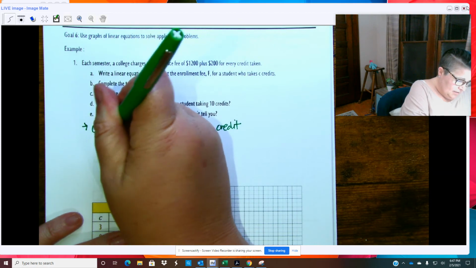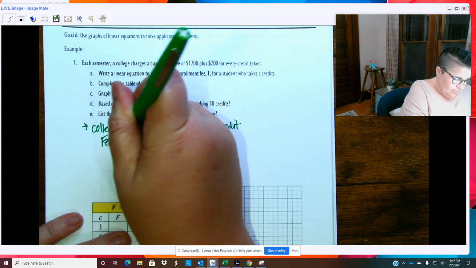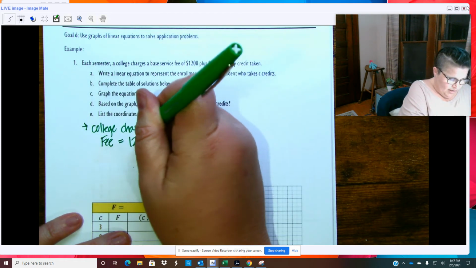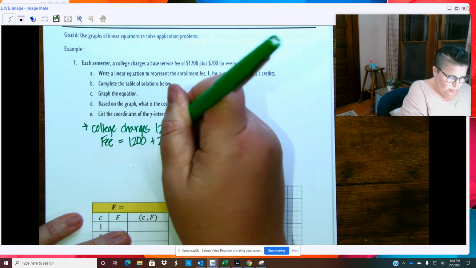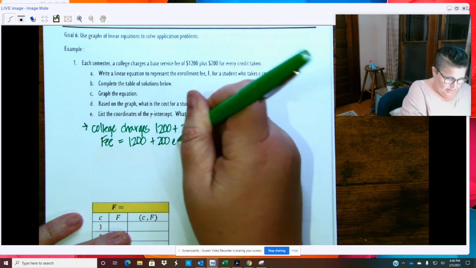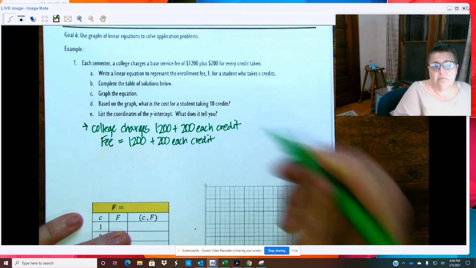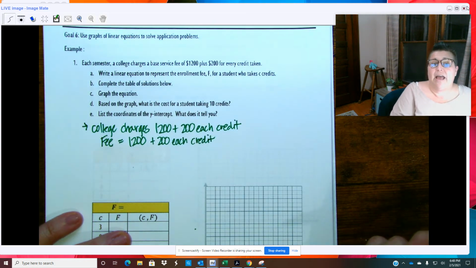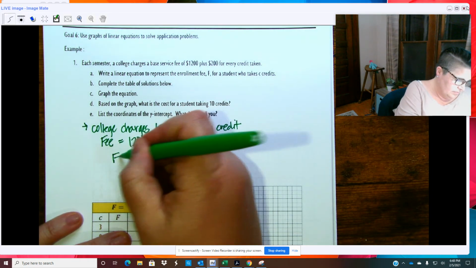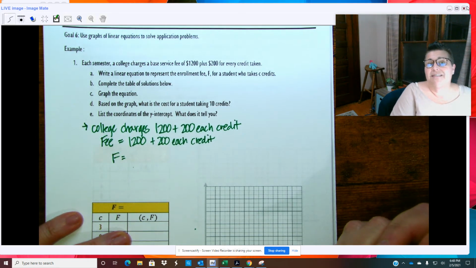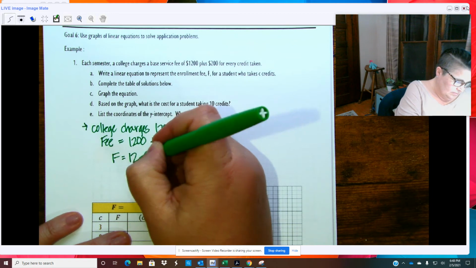So our fee is made up of $1,200 plus $200 each credit. They want us to use the letter F for the fee and C for the number of credits.